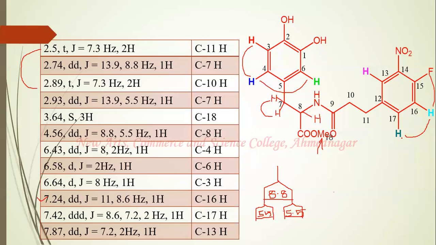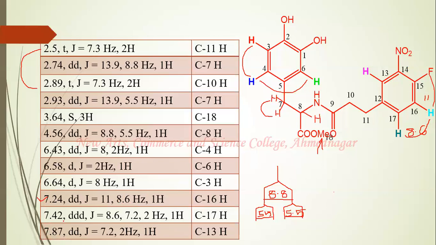So in this signal, the 8.6 hertz coupling constant value will be because of the C16 C17 coupling, and the 11 hertz coupling constant value is between the C16 proton and the ortho fluorine. So it gives me a doublet of a doublet with 11 and 8.6 hertz. The C16 proton does not have any meta neighbor, therefore only doublet of a doublet.